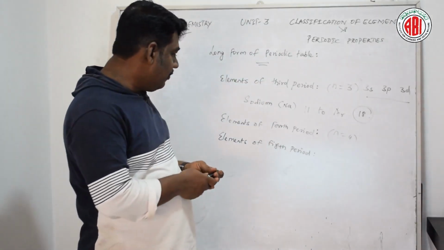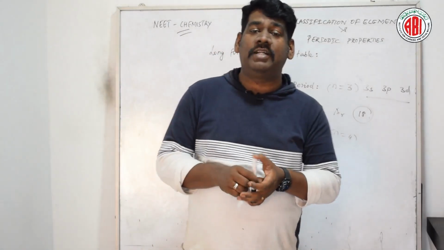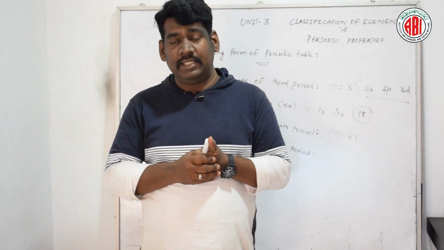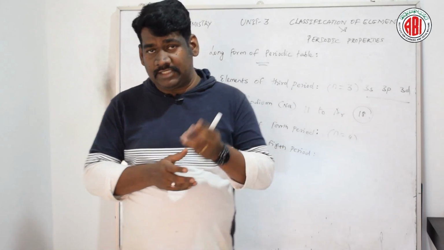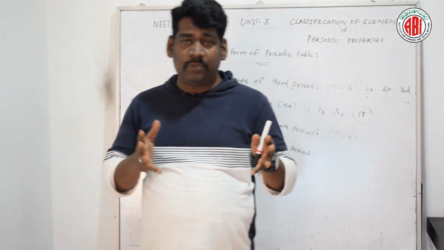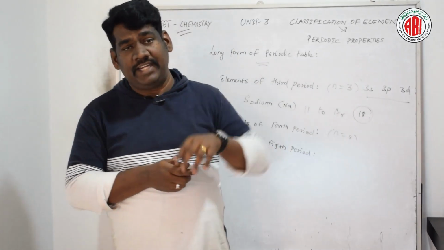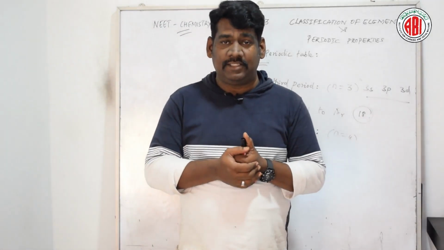Now let us talk about the elements of the sixth period. The sixth period contains 32 elements, with atomic numbers from 55 to 86. The successive electrons enter the 6s, 4f, 5d and 6p orbitals.